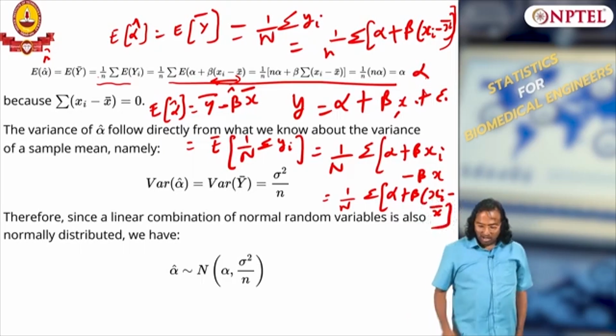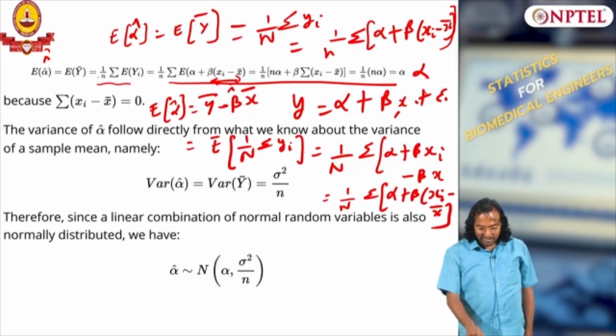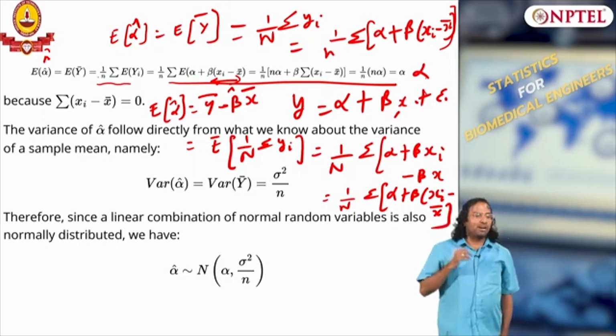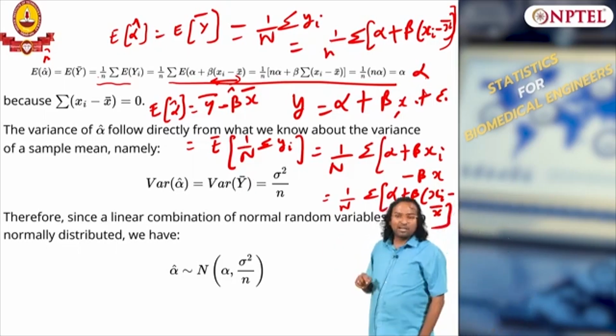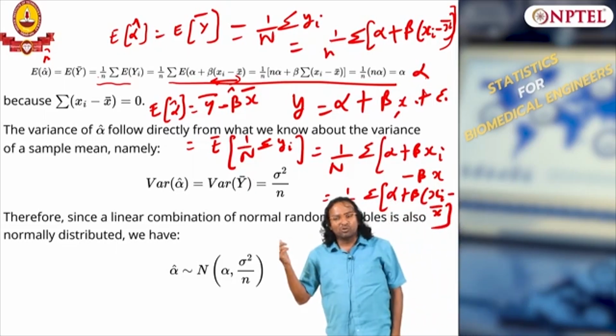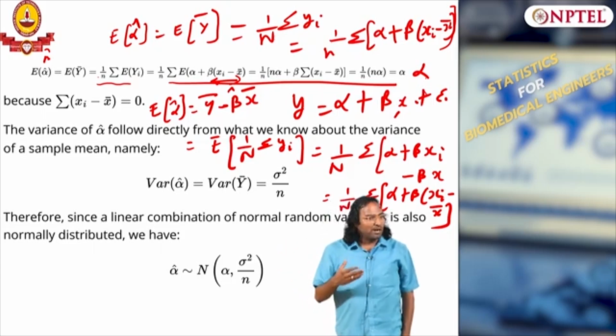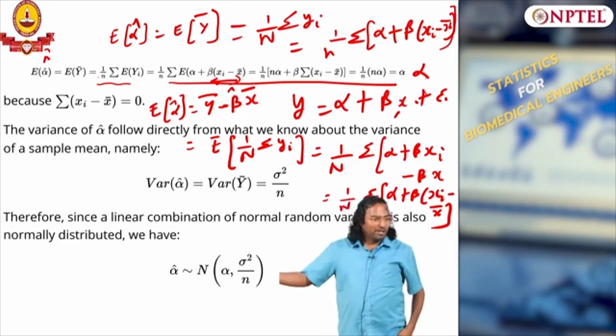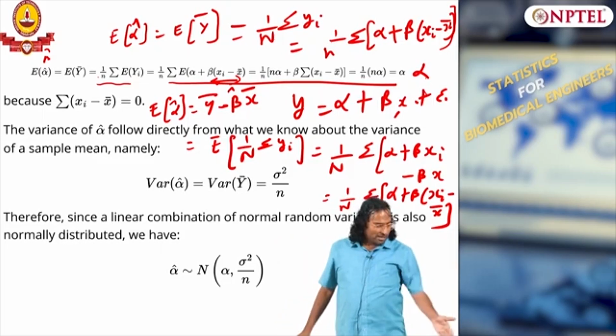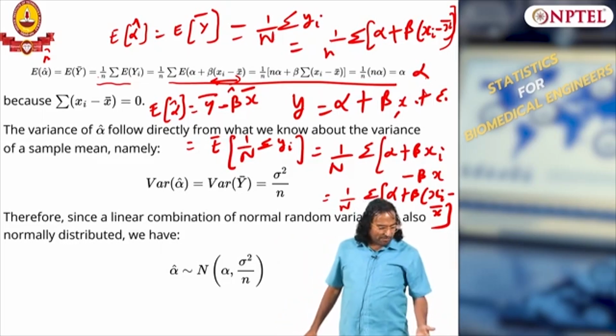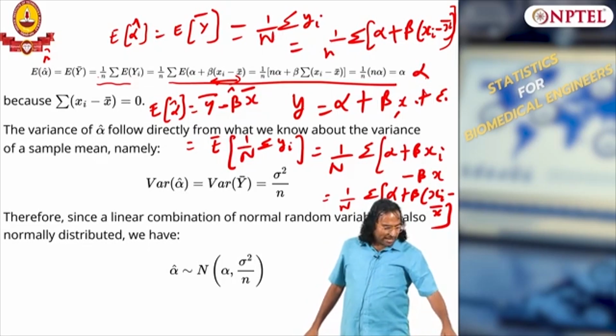Okay. So now if you take expectations, it will turn out that the expectation of beta naught hat equals beta naught, like the expectation of x bar equals mu. In this case the xi minus x bar term goes to 0, since 1 over n summation goes to 0, so the first term alone will remain, so the expectation of alpha hat equals alpha.